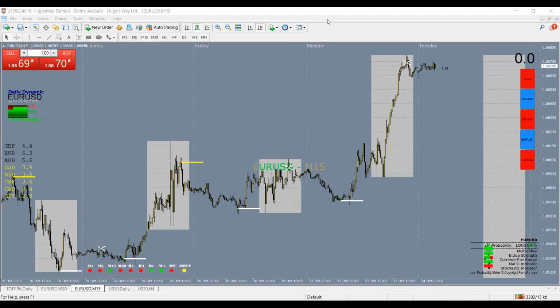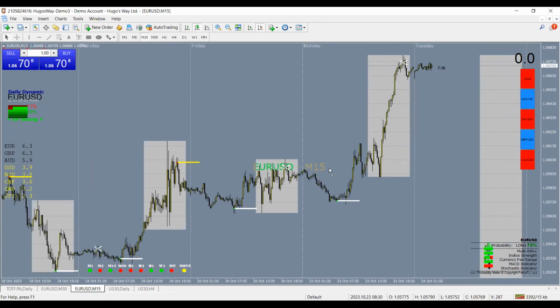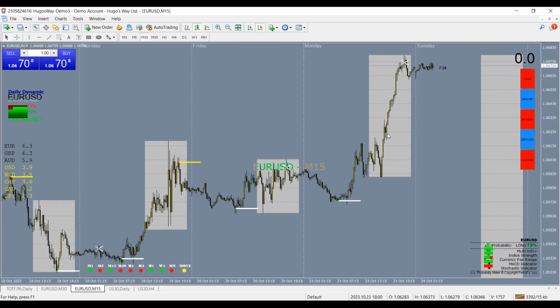That big long wick, the black one. This one? Go to the right. Today's trade here? Yeah, right where your arrow is.